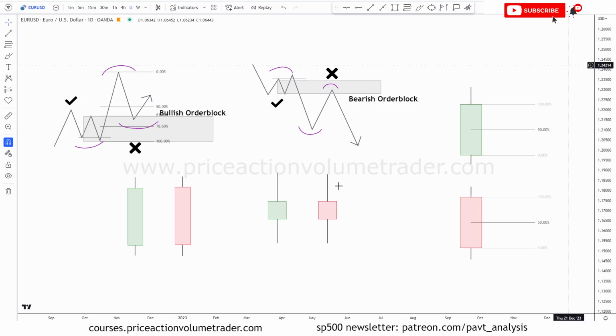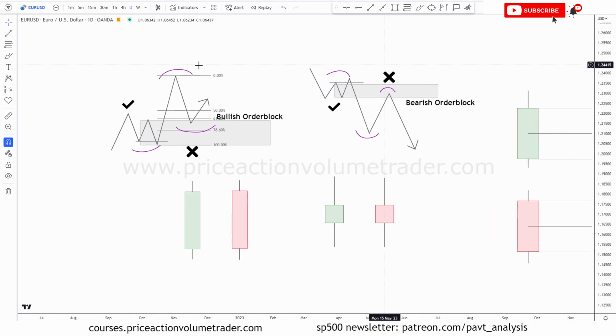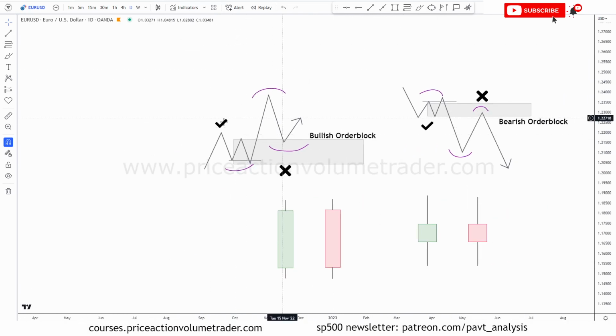Okay, so that's pretty much the theory again of what an order block is in general. And let's say the way I use this, for example, if you're using volume profile, you know that high volume nodes on the profile are areas where price has accumulated volume. So in this case, when you have these clusters before price breaks out, this is basically a high volume node forming on the profile.